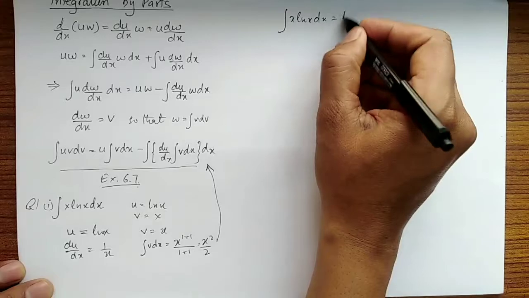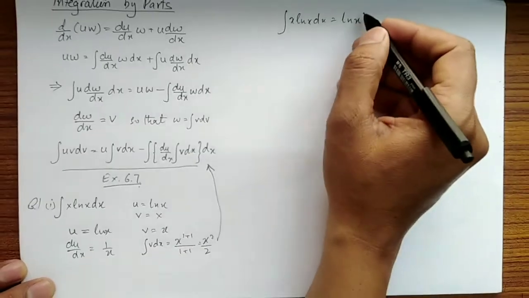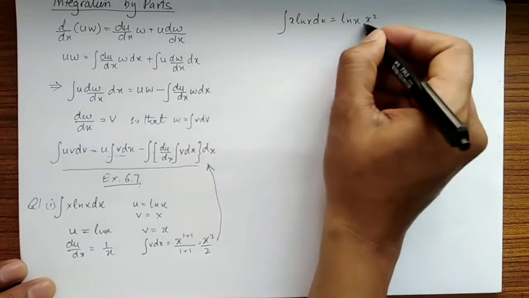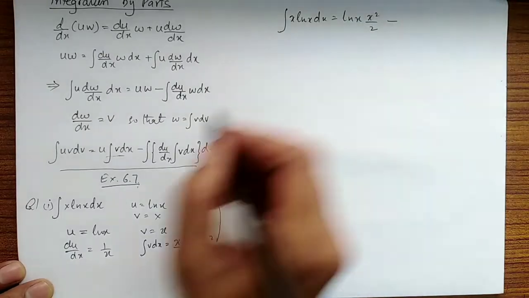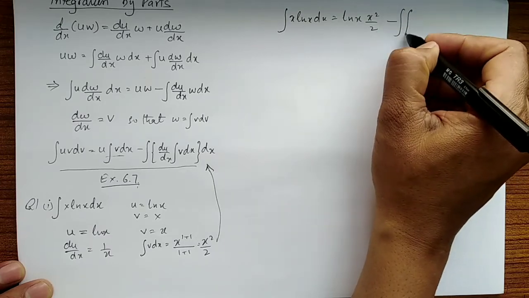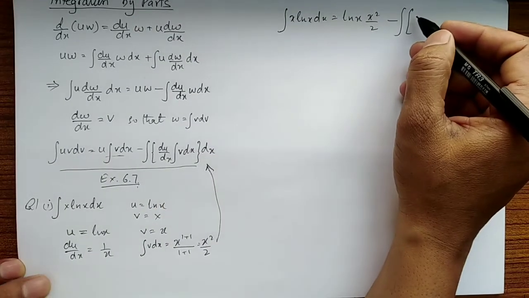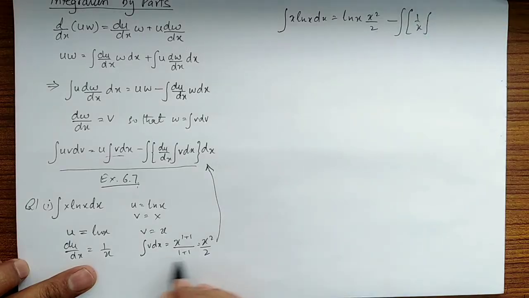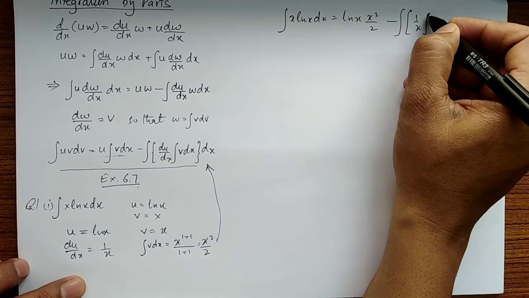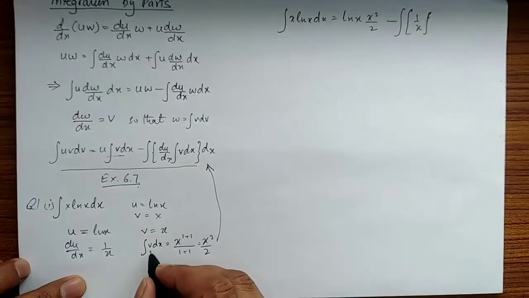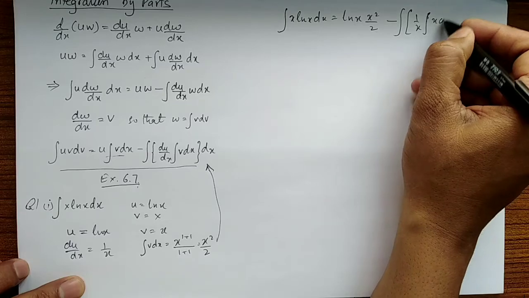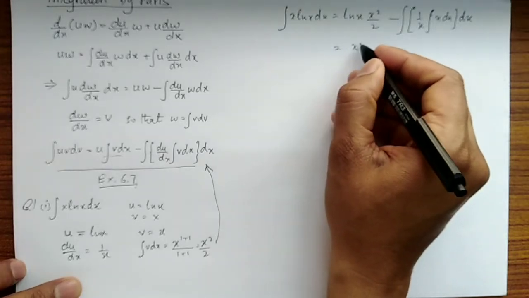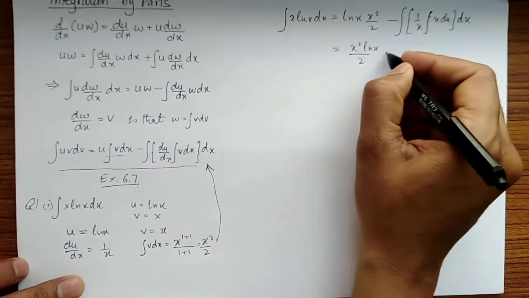That is ln x, and the integral of v, which is x square upon 2, minus the integral of the derivative of u, that is 1 upon x, into the integral of v that we have calculated, that is the integral of x dx, a whole dx.